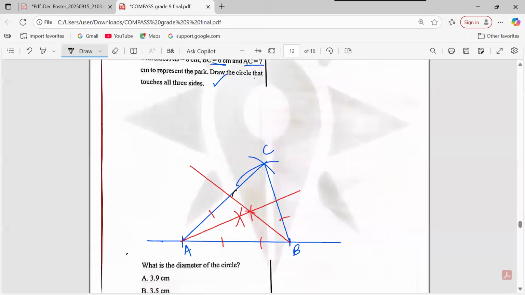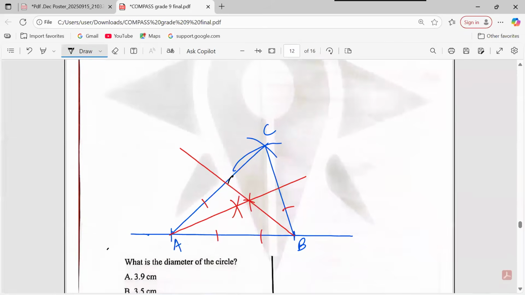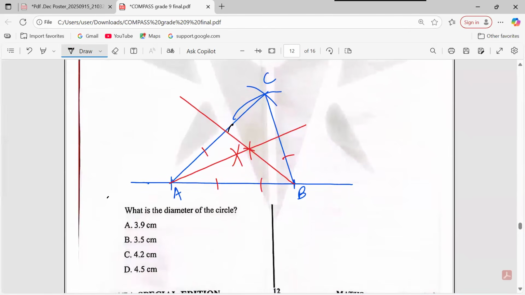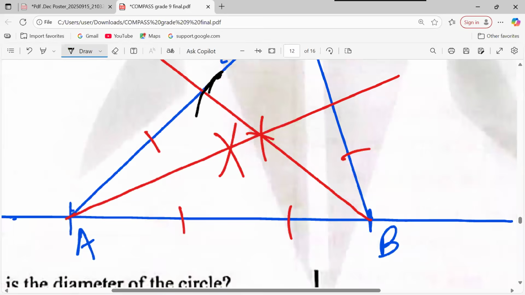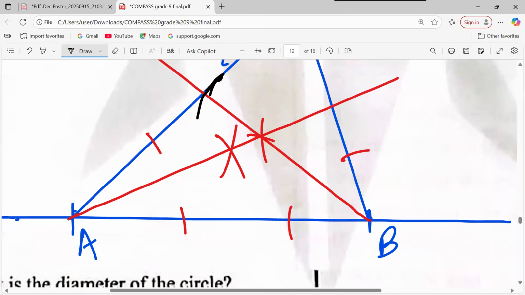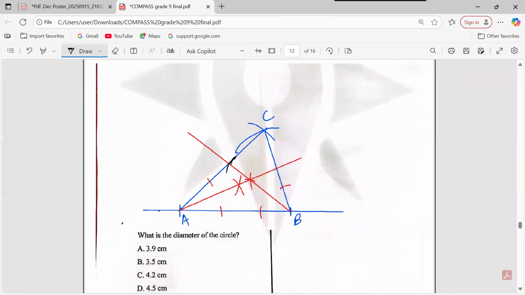In case we were drawing a circle that touches the vertices, we would have used a bisection of the lines. Let me do this. Though the screen is really becoming unstable, but I will see.